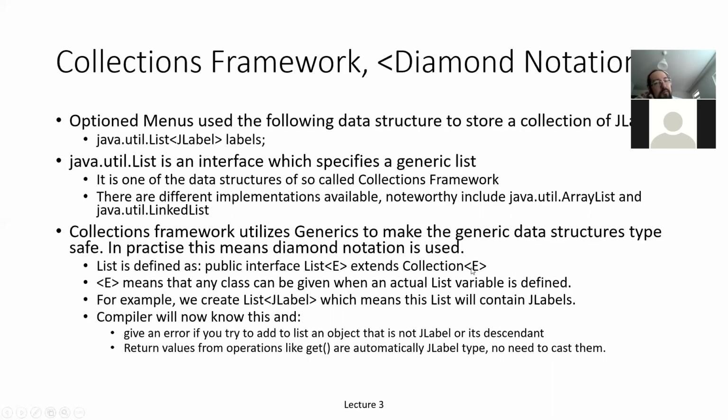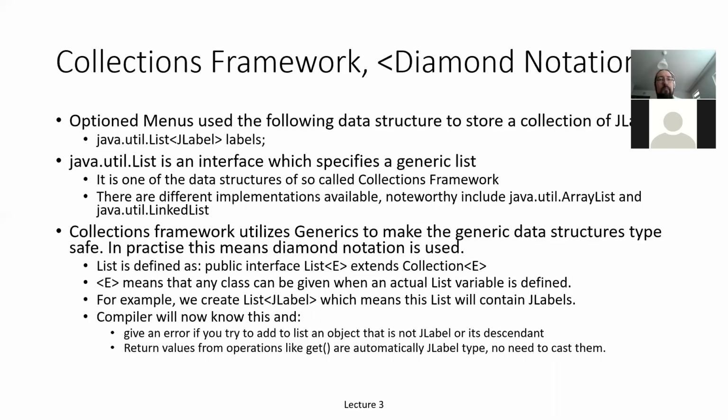This is the generic type, where this E is replaced by, for example, JLabel when you do this. And yeah, this helps the compiler to know what data types go into this structure and what data types come out of that structure.